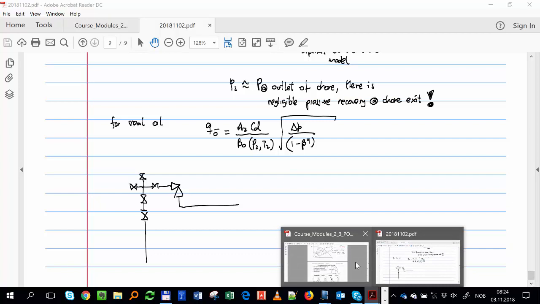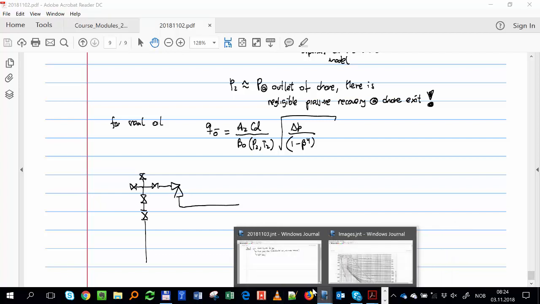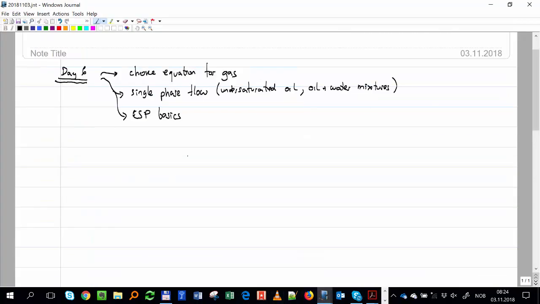Let's now make a short comment to start our lecture. Today you will see how the choke equation for gas looks like, and it's going to look similar for multiphase. We are not going to cover it here, but it's going to look similar. And we're going to do an exercise.